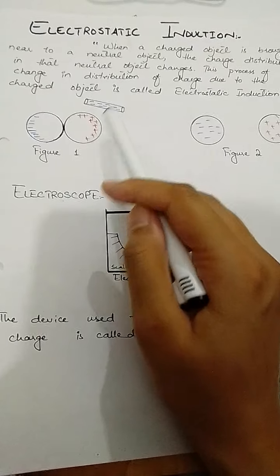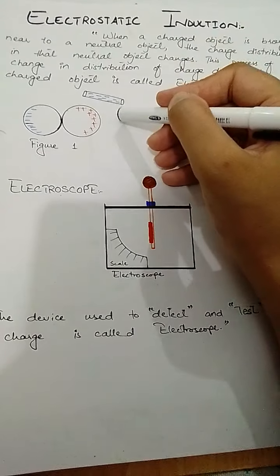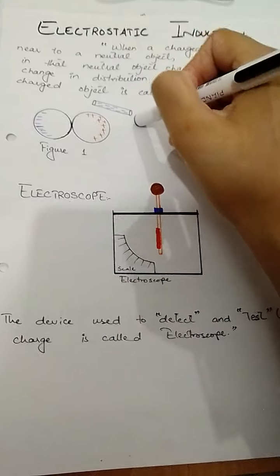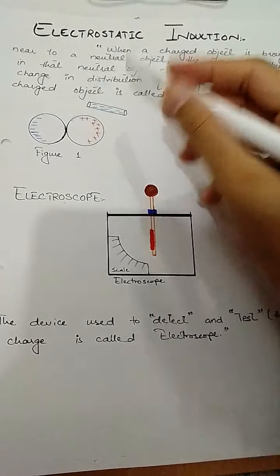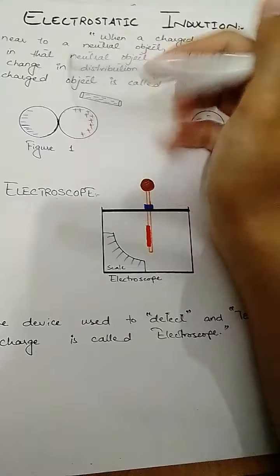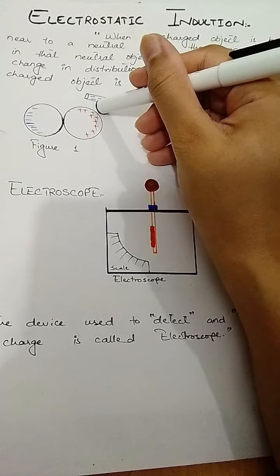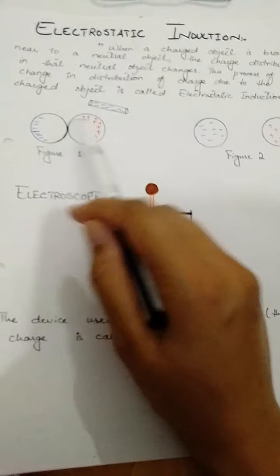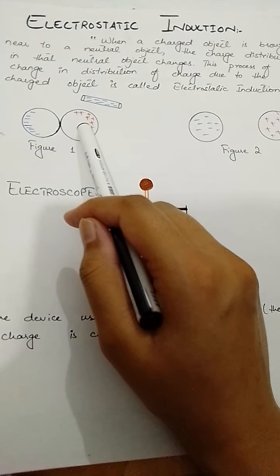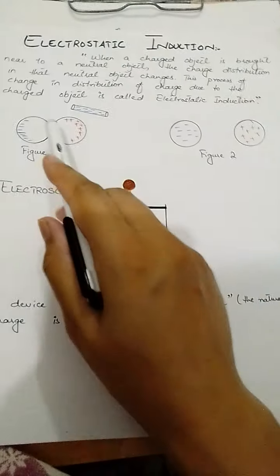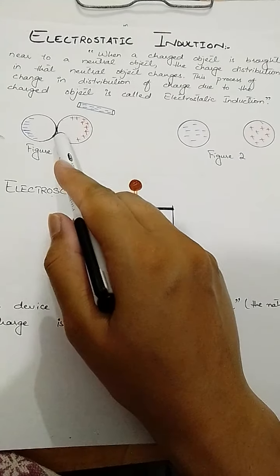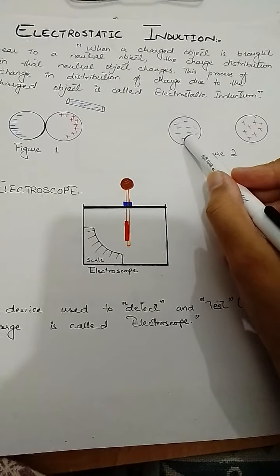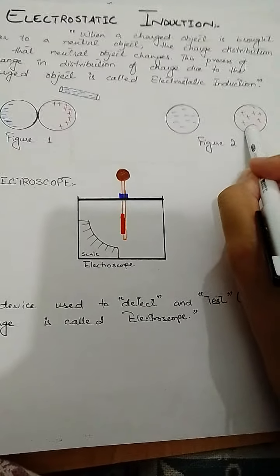But after this non-touching process, just due to the electric forces between them, some charges got repelled, other charges got attracted, and after we increase the distance between these two balls, they attain their negative and positive charges.